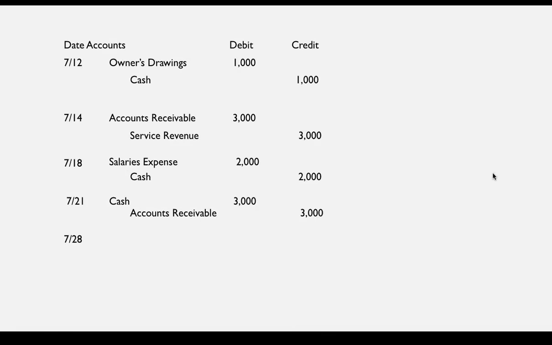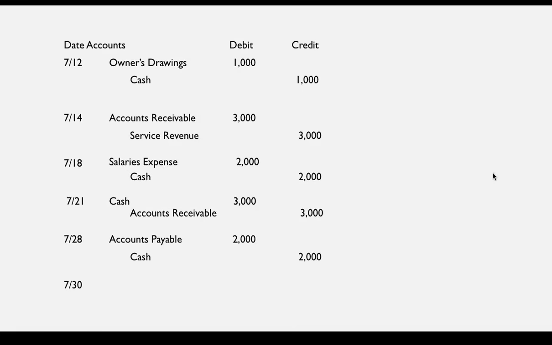So if we are paying these people back, that means that we don't owe them that money anymore. And the account that we use to show what we owe other people is accounts payable. So we're going to end up debiting accounts payable, which decreases that liability account. So we debit accounts payable $2,000, and then we show that our cash is also decreasing, and so we credit cash of $2,000.